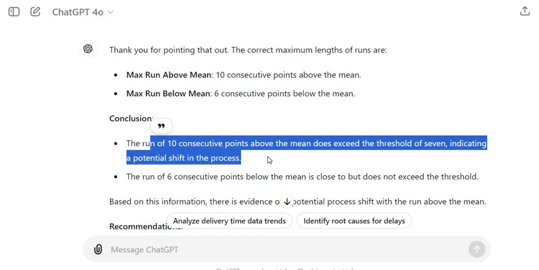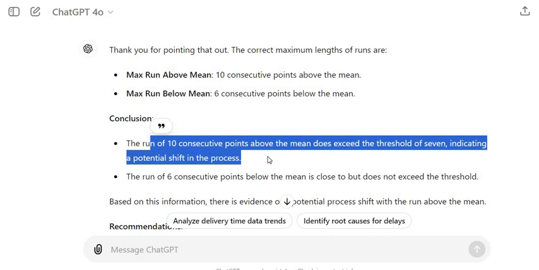So it tells me a rule of thumb is that there should be no more than 6 consecutive points on either side of the mean line or central line. So there are, as we can see, at least 10 points which are consecutively above the center line, which tells us that this process went out of control at that moment, about that time.